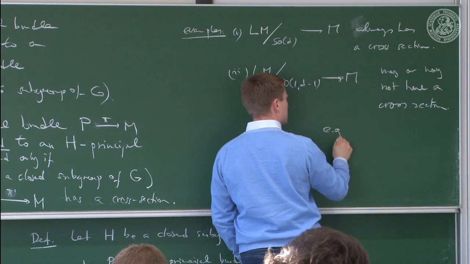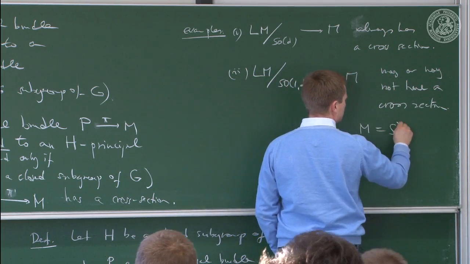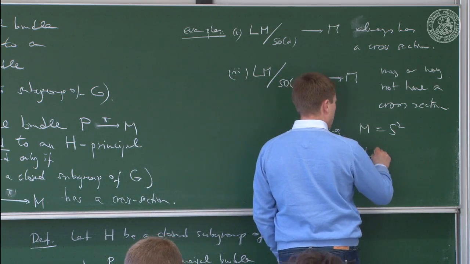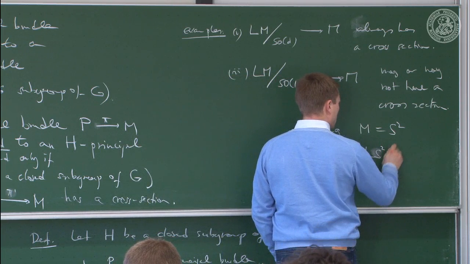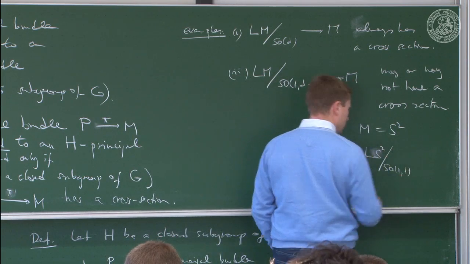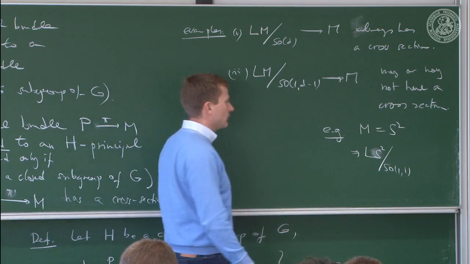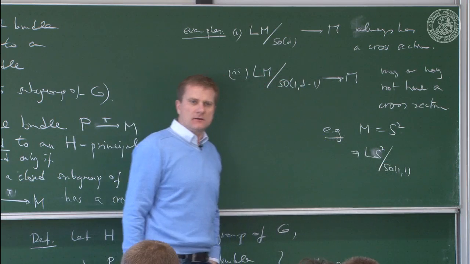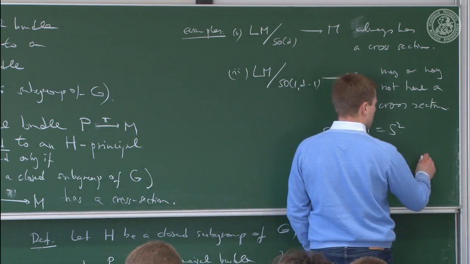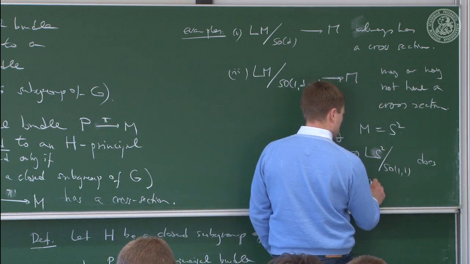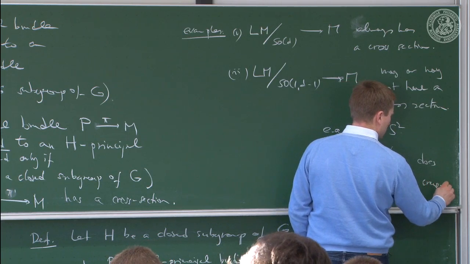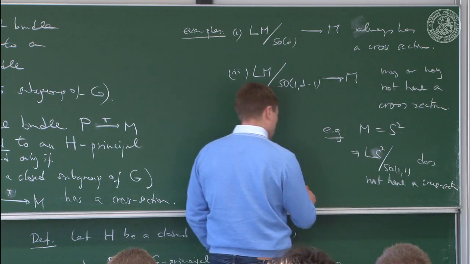So for instance, if M is the two-sphere, then LS2 mod SO(1,1), which is a subgroup of GL2, the respective group of the corresponding frame bundle, SO(1,1) does not have a cross section.